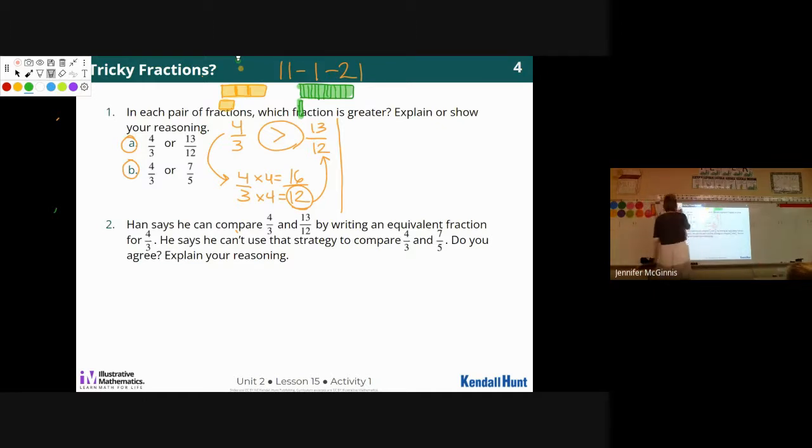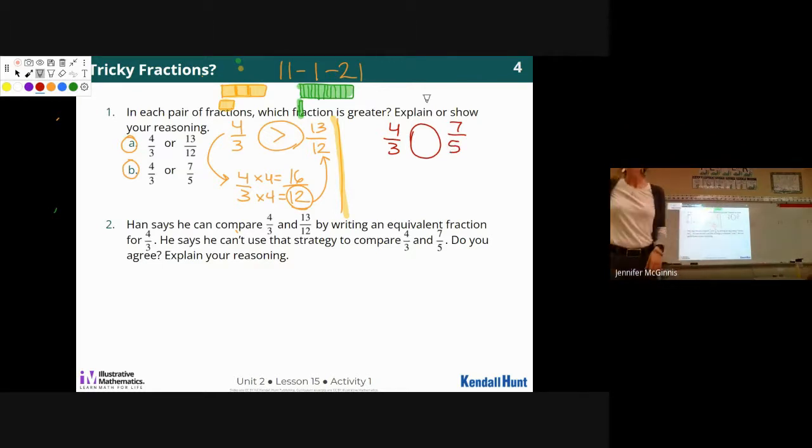But I'm really trying to drill home this new idea of multiplication. And so here is what I want you to look at next. If we're going to talk about multiplication, and we have 4/3 and 7/5, what do you notice about these two things?